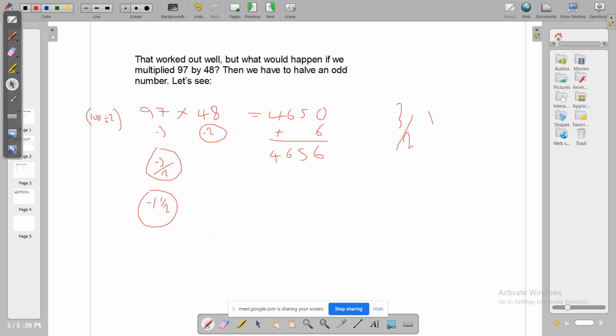Each one will get 1, then it will be left with 1 that will need to be shared by the 2 people again. That will be half. So you have your one whole number 1 over 2. Do you understand? Yes, sir.